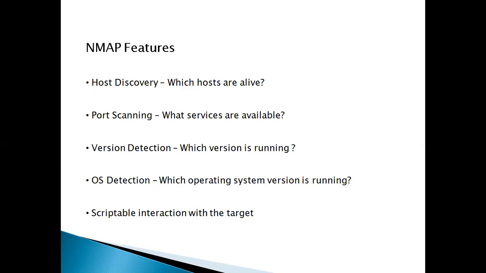And last one is scriptable interaction with the target. Nmap uses the Nmap Scripting Engine and the Lua programming language. Nmap can provide further information on targets, including reverse DNS names, device types, and MAC addresses.